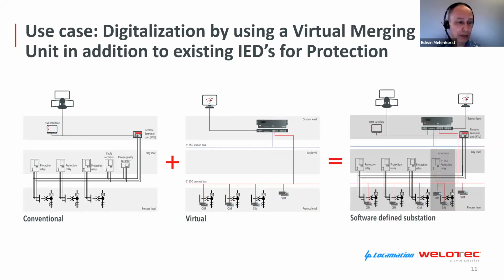If we combine these two, the combination of the existing secondary equipment with the state-of-the-art VMU platform, this will provide immediately accurate process information to new IEC 61850 IEDs. And future extensions of the substation become much easier.